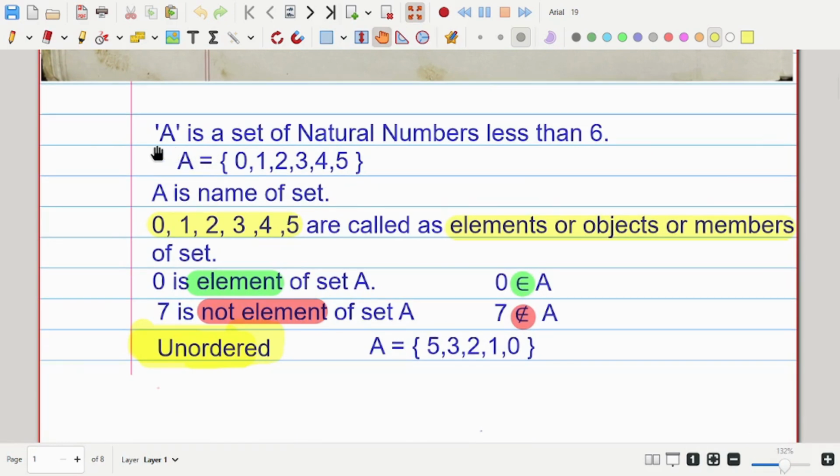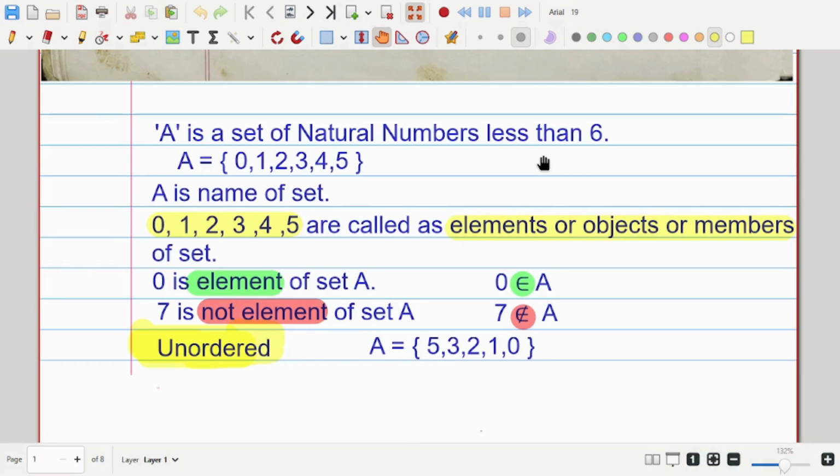Another example is that if A is a set of natural numbers less than 6. For our data science program, we include 0 in the natural numbers. So the natural numbers less than 6 are 0, 1, 2, 3, 4, 5.